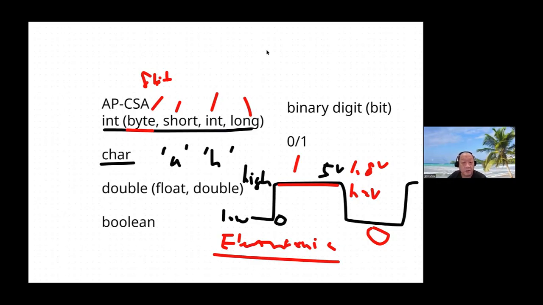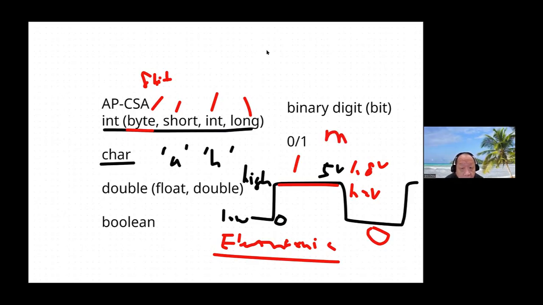If you transmit data through a cell phone, it is using microwave, the so-called radio wave, to represent the data. So there are certain kinds of media that you store your data on.